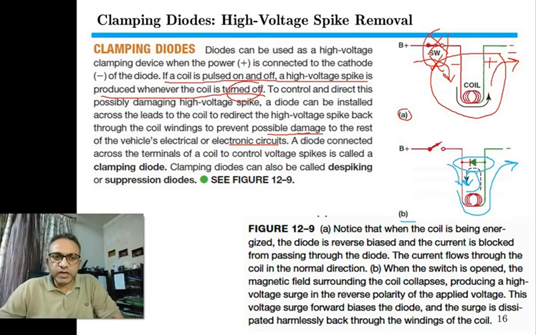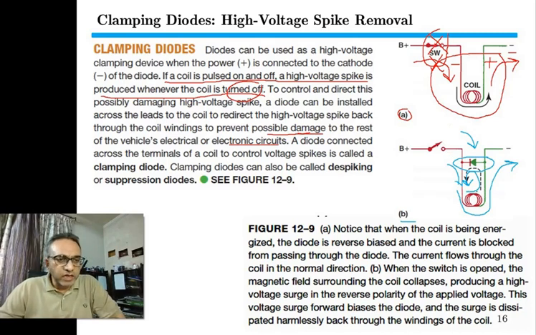We have used an inductor, we have used a diode, and when the switch is open and there is some initial current in the inductor, the current of the inductor will be diffused through the diode, and this diode is called a freewheeling diode.